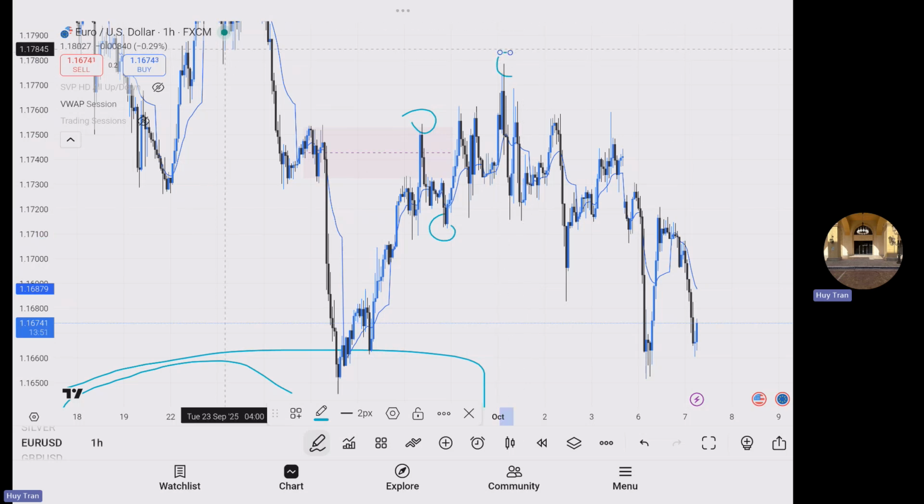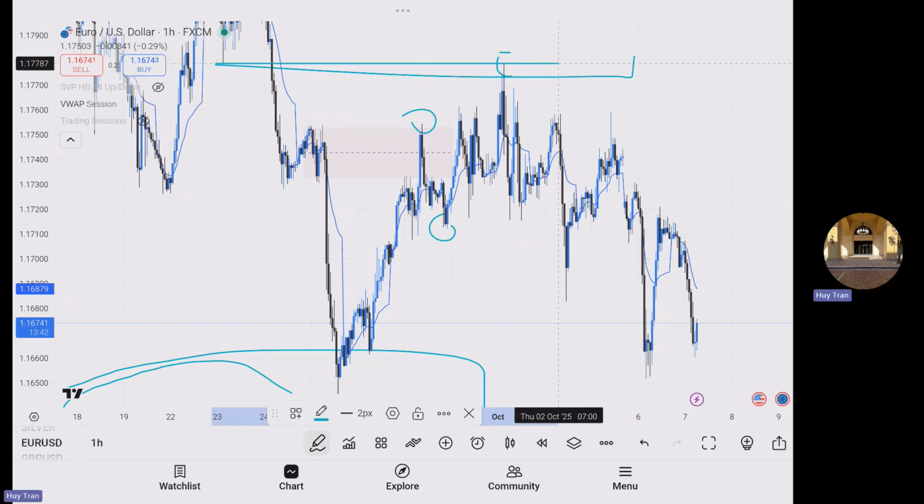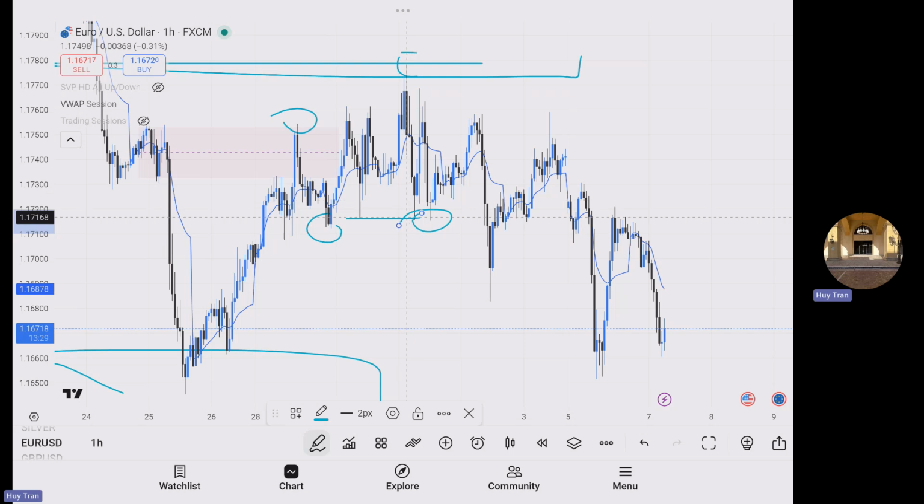But then I failed to realize that right here was a major point of rejection. From here, price came down not once but twice, took this structure out, creating a new structure range, a new leg. This high, this low, this high, this low, and then it fell to go down here.